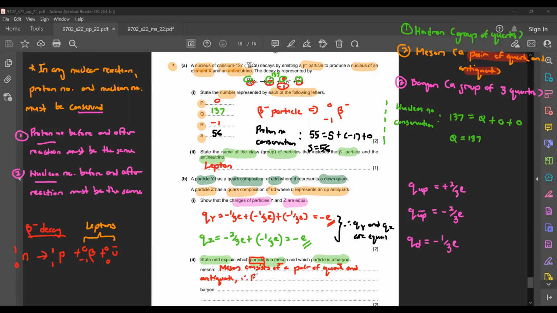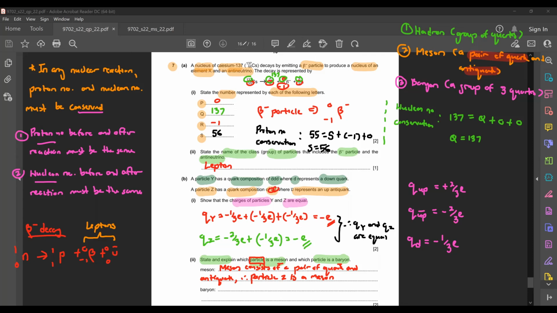Therefore, not particle P, sorry, therefore particle Z is a meson, because you can see that it consists of a down quark and an up antiquark.